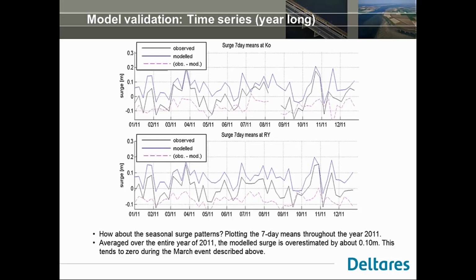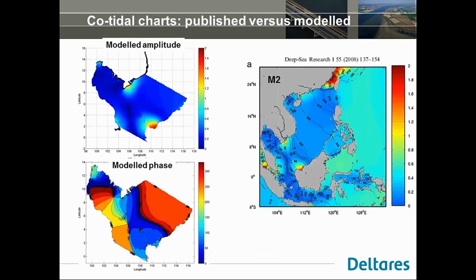You can see that there's a bit of overestimation of about 10 centimeters, which tends to 0 for the more important surge events. Essentially, this model was calibrated to reproduce the storms better, and it still does quite a good job over the entire year.